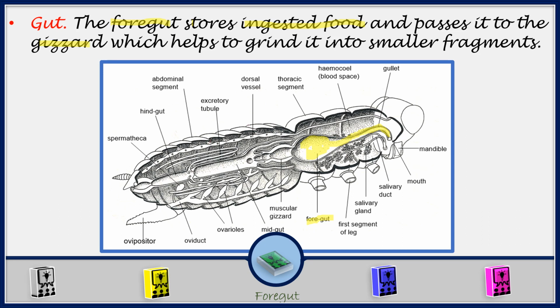Now, the gizzard helps us to grind the food into smaller fragments. It is in the gizzard that the food is ground into smaller fragments.